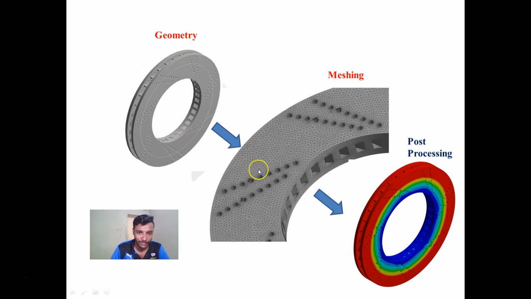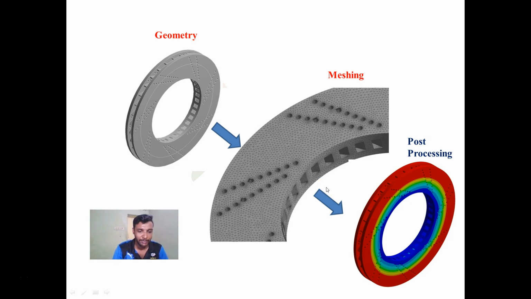So this whole geometry has been divided into number of smaller elements. So this is what is called as discretization, in a simpler term called as meshing. And then I could not show the processing stage here because that is what is going to run behind the computer. So that is what the solvers are actually going to do. And once the solutions have been generated, I can post-process them in the form of a temperature contour.